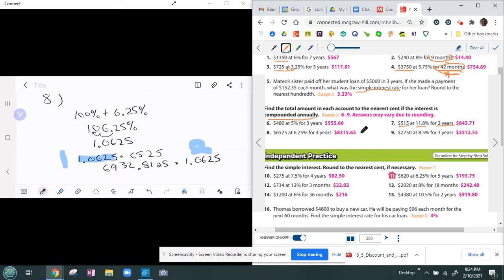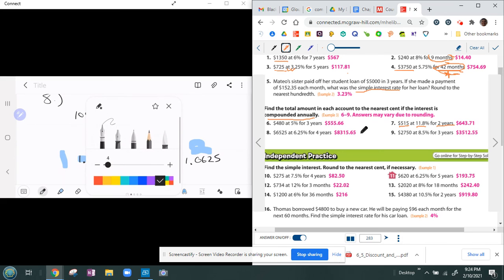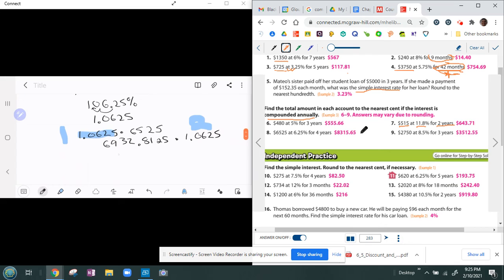So I just left it on my calculator, and I'm going to go like this. Times 1.0625. And I get 7,366.11328125. Wow. Okay, and all I have to do is, guess what? Multiply that by 1.0625. Boom.